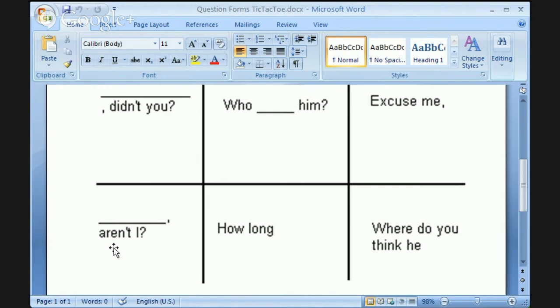Is it possible to have a contraction of I am in English? I'm. Obviously, we can contract that. I mean, am not. Is it possible to have a contraction?